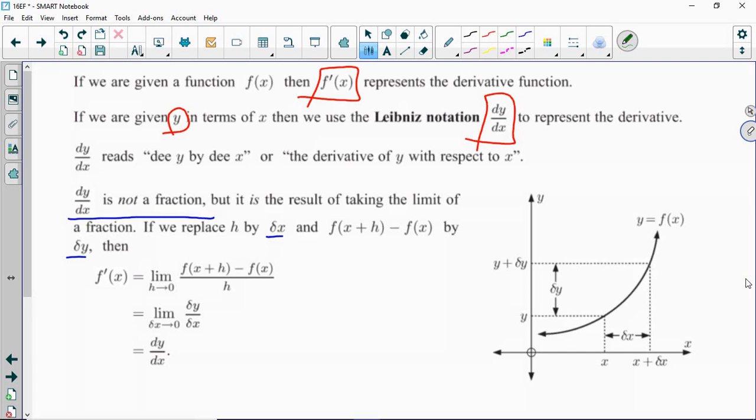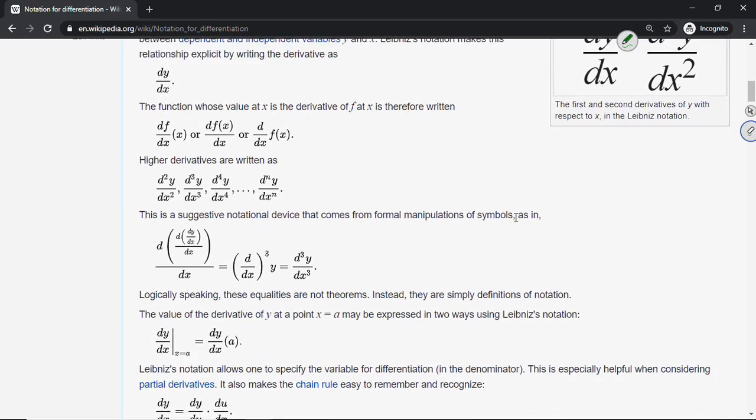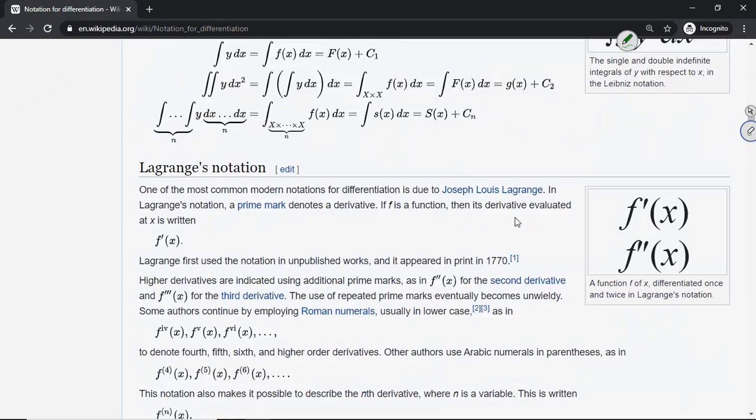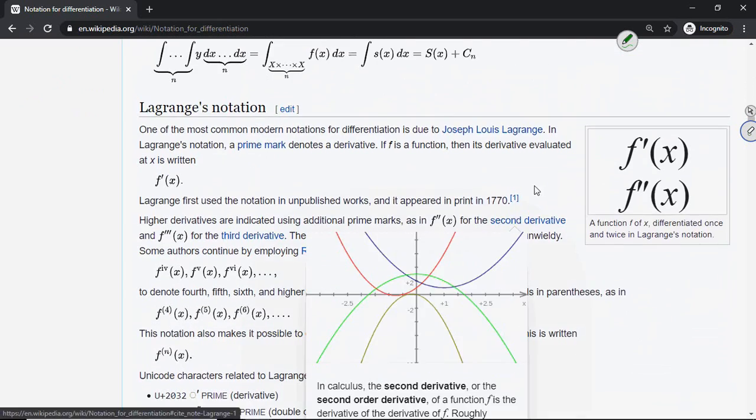They're just two different notations that were developed by two different human beings who lived at different times in different places. Dy dx, as it says here, was developed by Gottfried Leibniz. The f prime of x notation was developed by Joseph Lagrange.